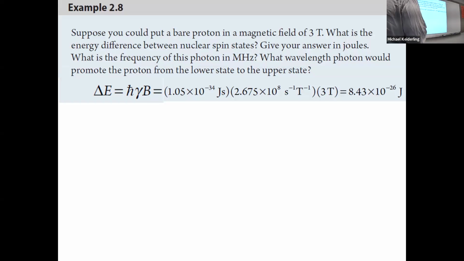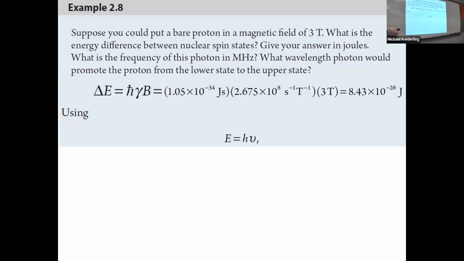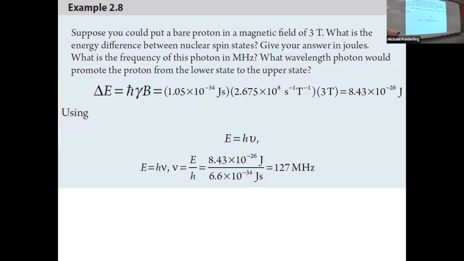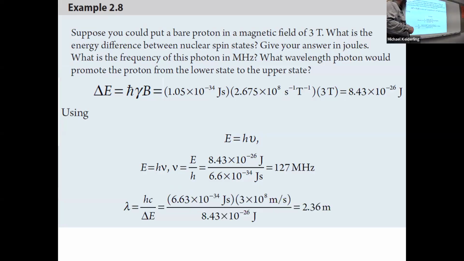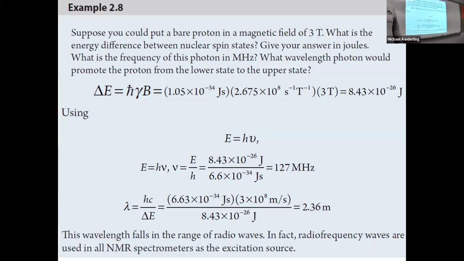That gives you 8.43 times 10 to the minus 26 joules. The frequency of that photon is 127 megahertz, found by basically dividing the energy by h bar. And the wavelength is h bar times c over the energy, and that's 2.36 meters, which is a radio wave.